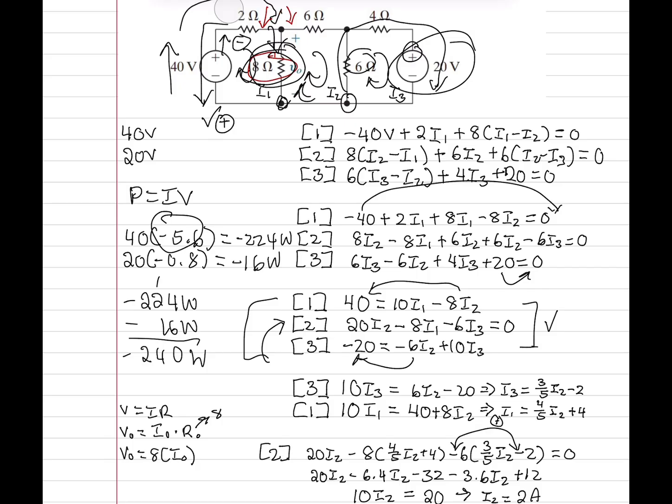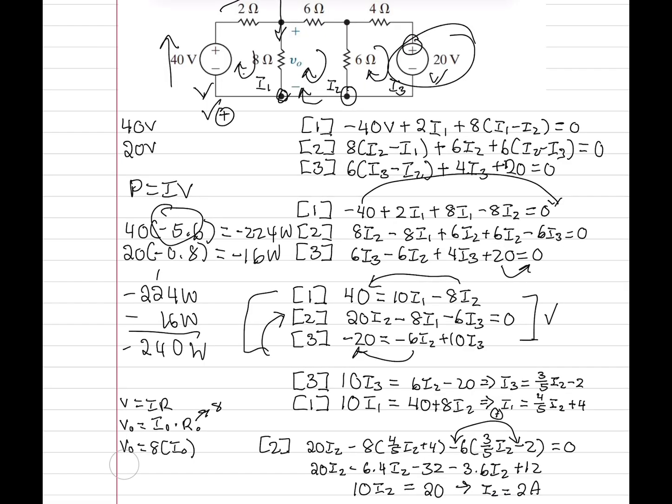So let me erase this diagram over here. If we look at the diagram, we see that the current enters through the positive terminal, and we define the current as going clockwise. So the current is going into the positive terminal in I1, so it will be positive. But in I2, it's entering through the negative terminal, so it's going to be negative.